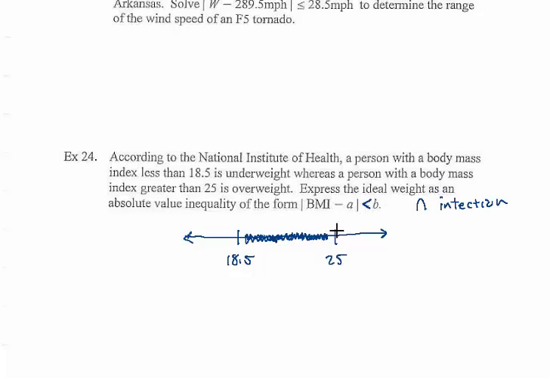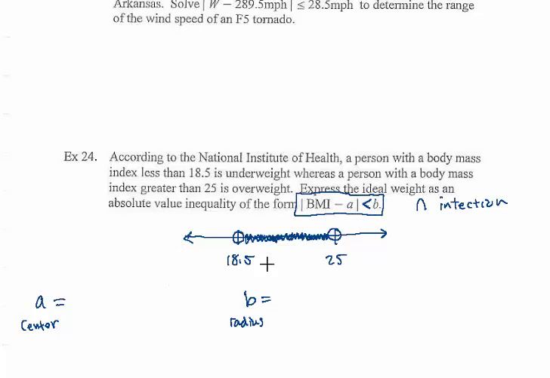There's no equal to dash, so we have the open dots. And so what we need to do is find our center, A, and our radius, B, and simply replace the A and B in this absolute value inequality that they gave us.